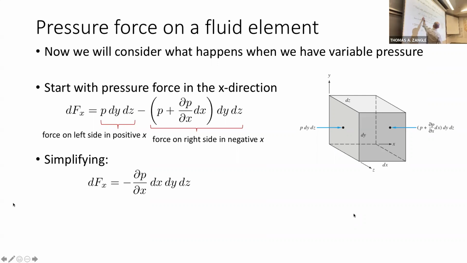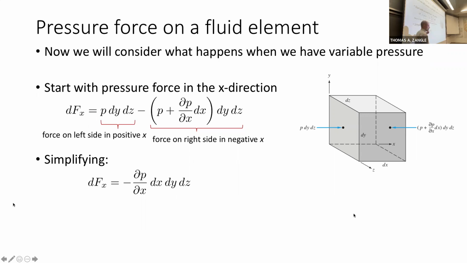Notice that we have P dy dz canceling out between both terms. We end up with the net force on this fluid element being minus, there's that negative sign I was warning you about, dP/dx times dx dy dz.